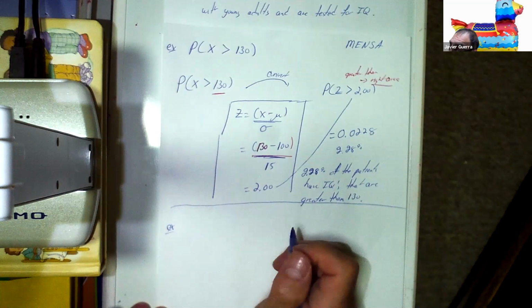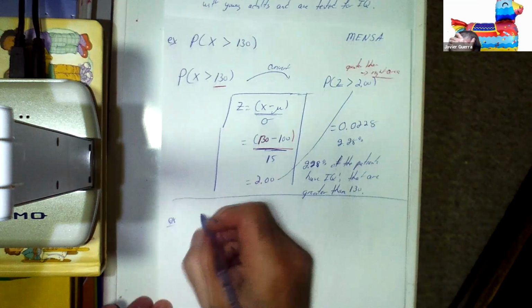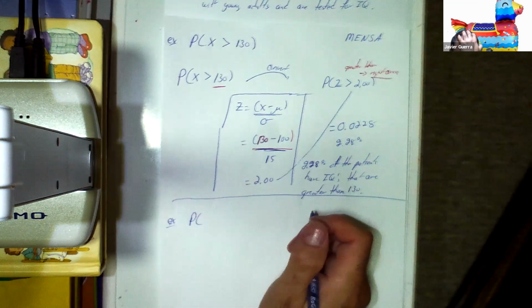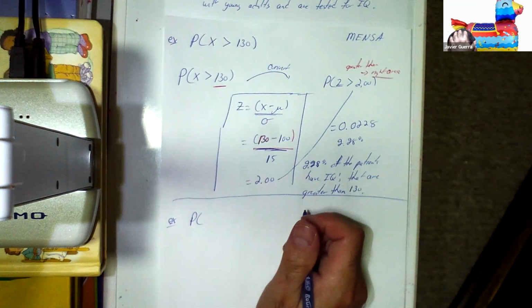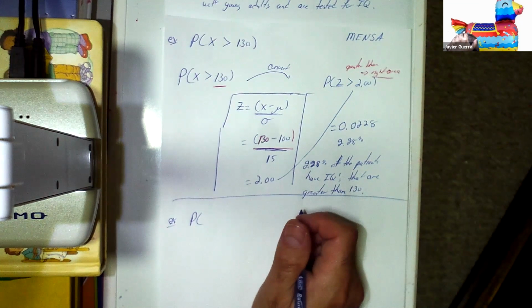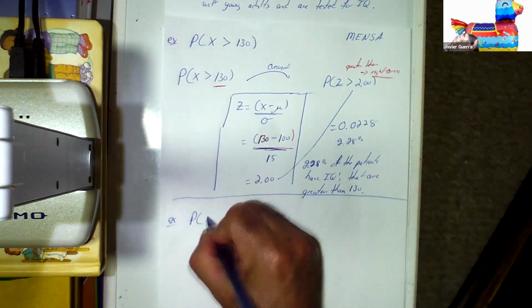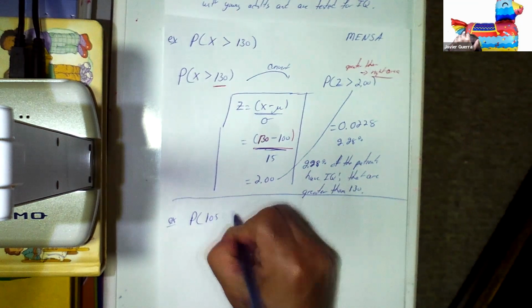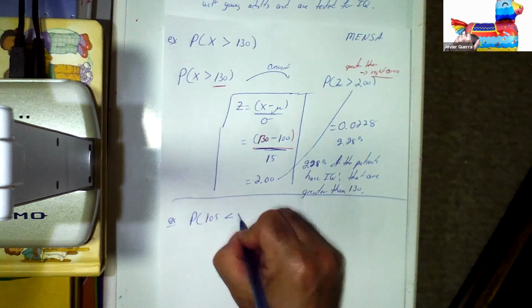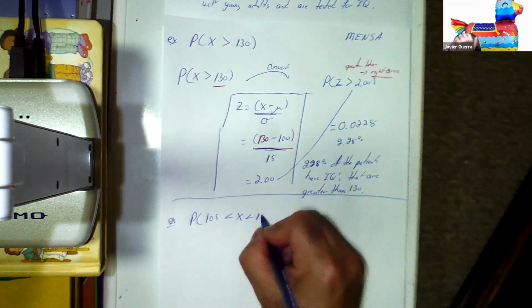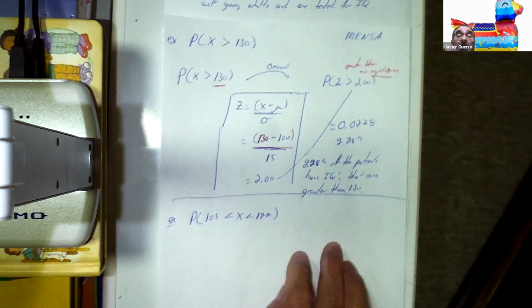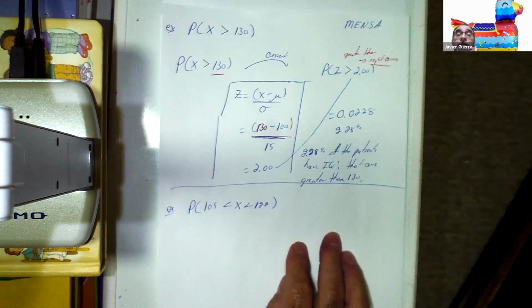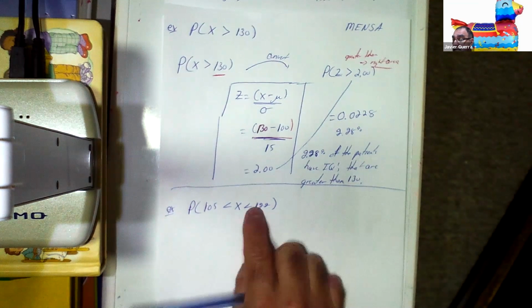So you'll have the probability of IQ scores, 105 less than X less than 122. Right. So there's an example of the in between.